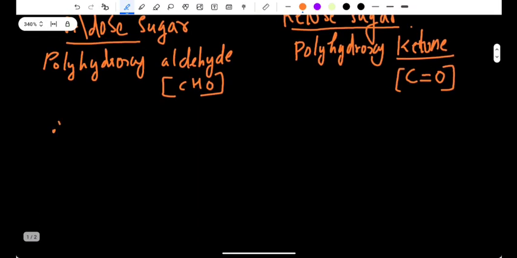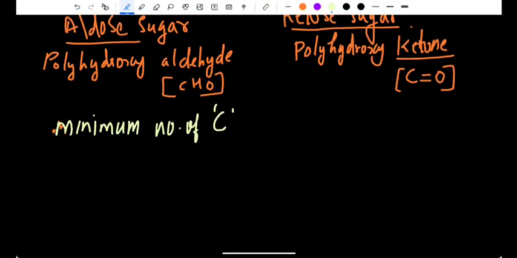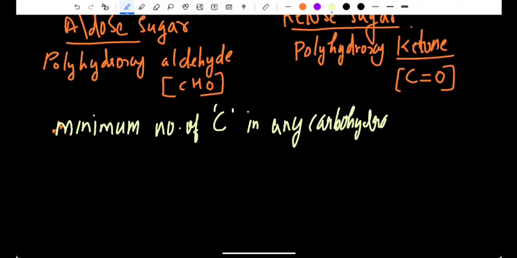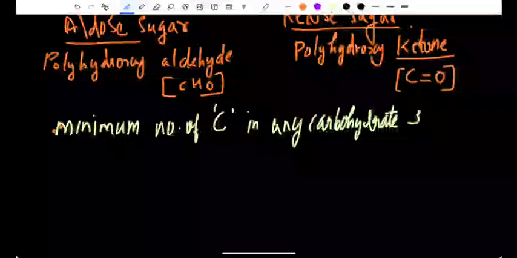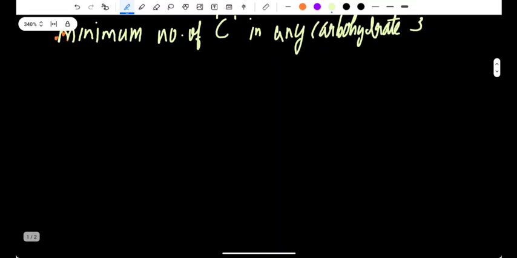So the minimum number of carbons in any carbohydrate will be 3. The minimum number of carbons in a carbohydrate is 3, so we can draw 3 carbons first.